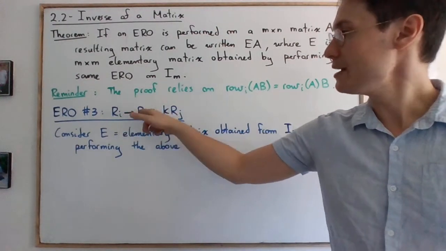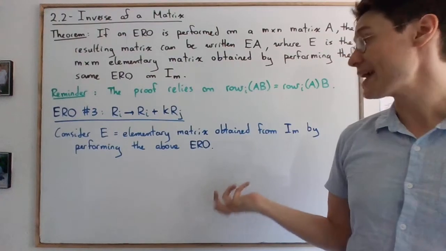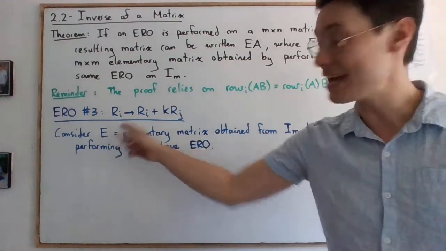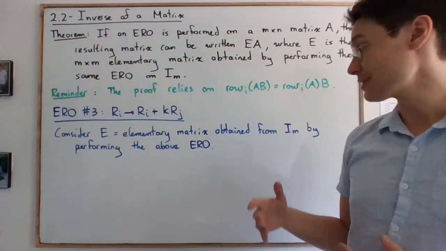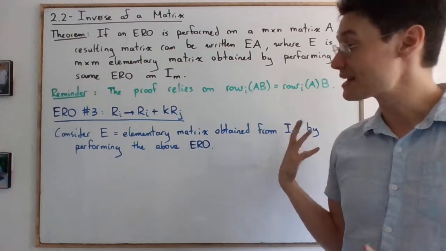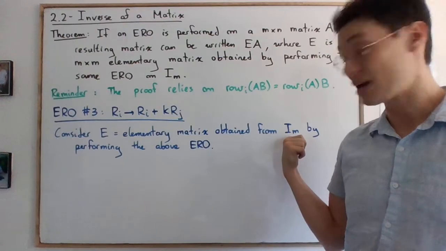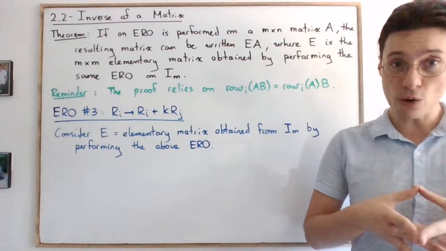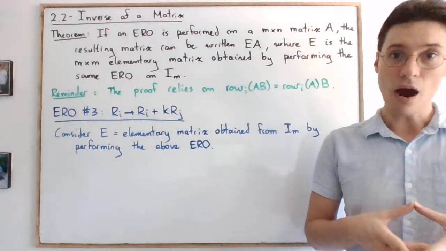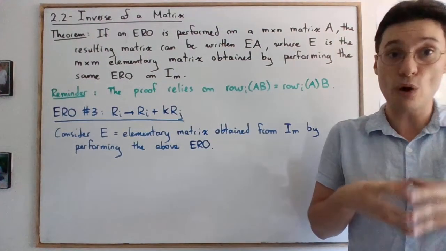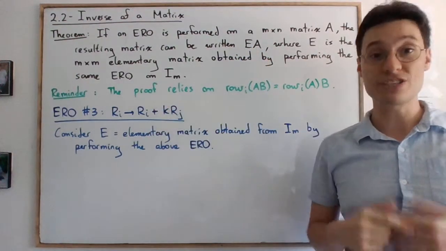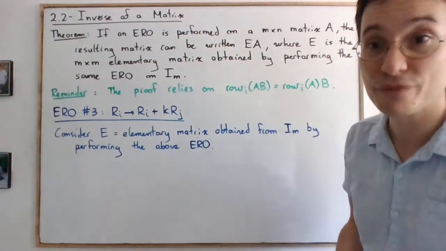Row i becomes row i plus k row j. And as usual, we're going to consider the elementary matrix that we get by performing the same row operation on I_m. And we're going to prove that the rows of EA are actually the rows of the matrix that we get after performing this row operation on the matrix A. So that's how the proof is structured.